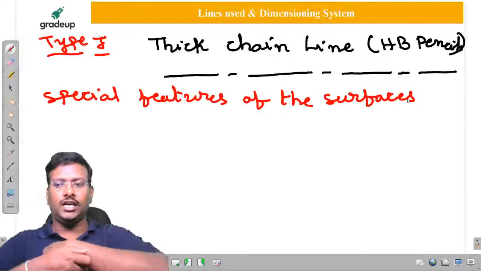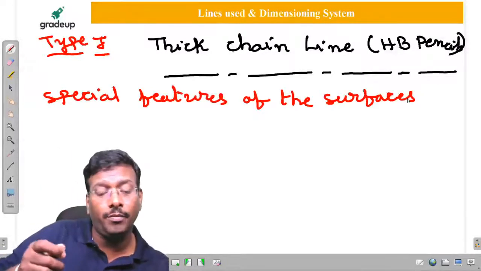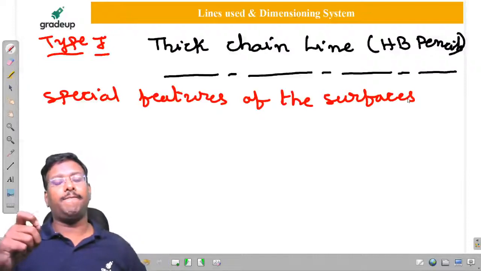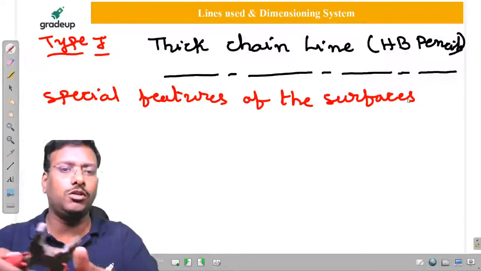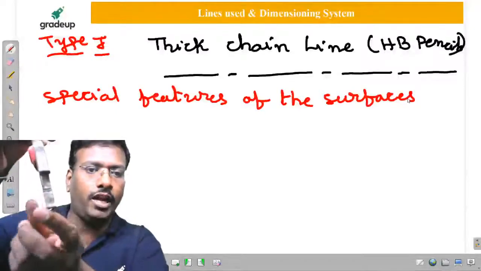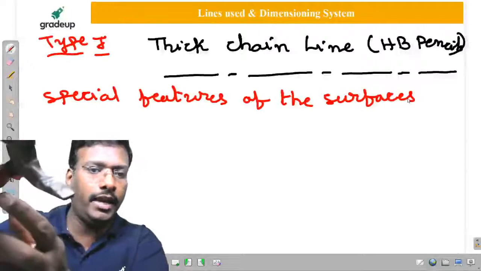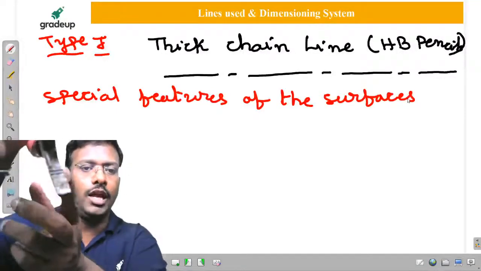Even for watches, they make it as knurling. Or otherwise, you can observe this. At the holding place here, they make it as straight edges, to get more grip.